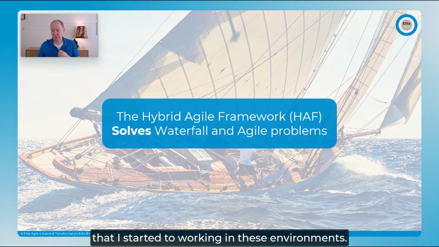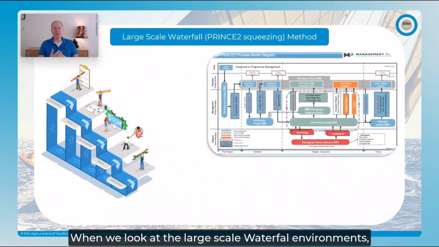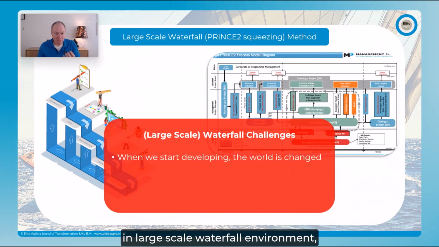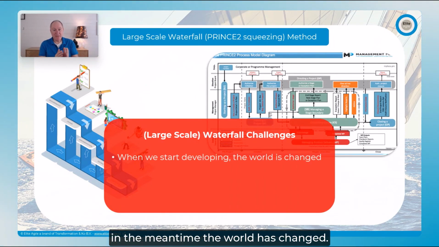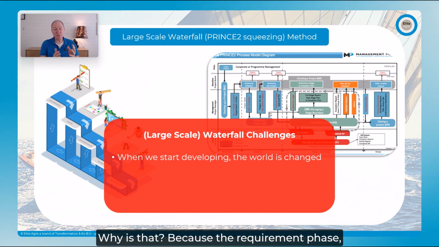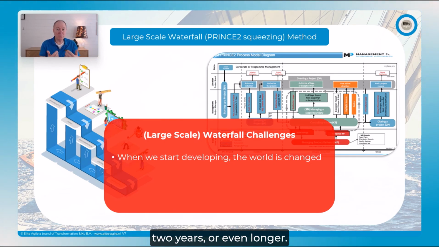in these environments. So when we look at large-scale waterfall environments, when we start developing, in the meantime, the world has changed. Why is that? Because the requirement phase and the design phase typically can take a year, 2 years, or even longer.